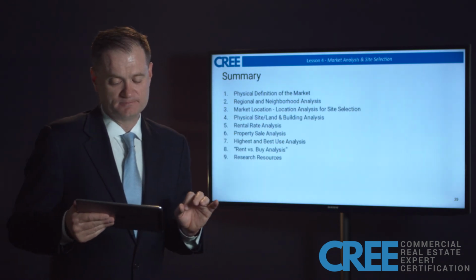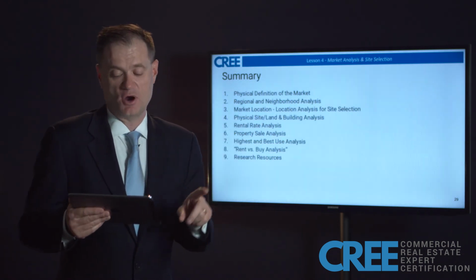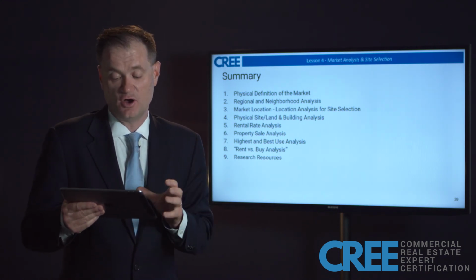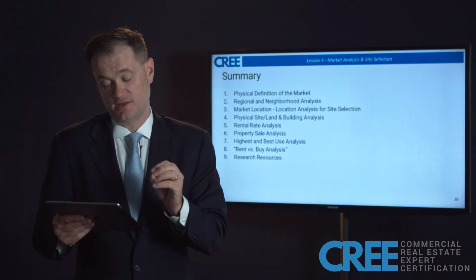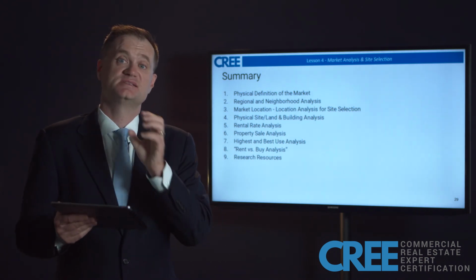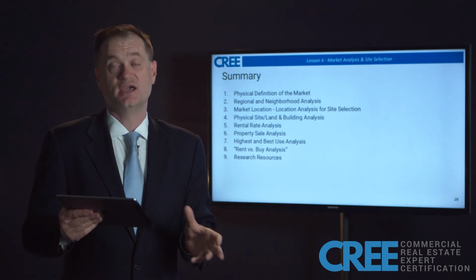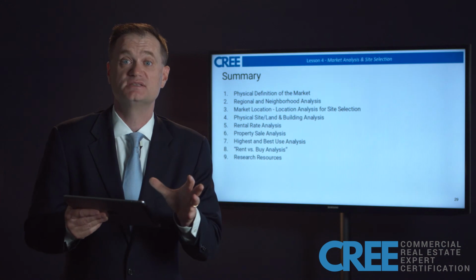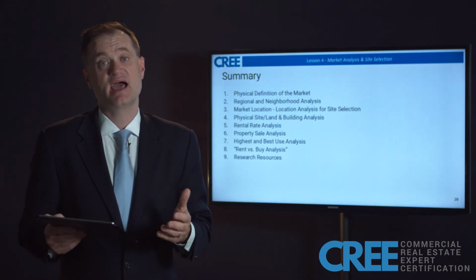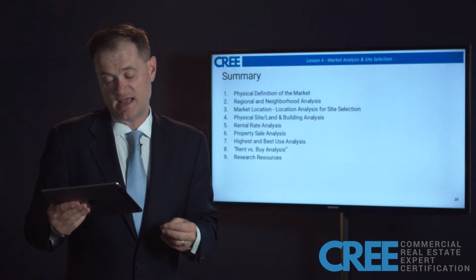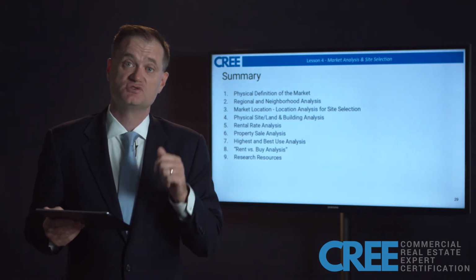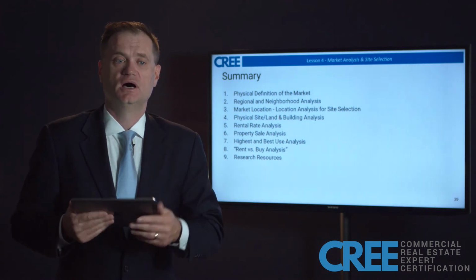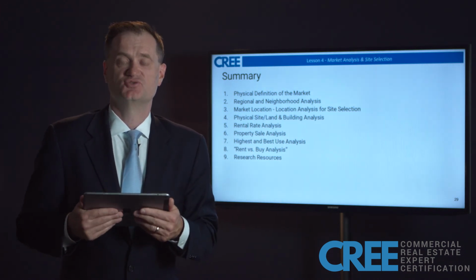So in summary, we've talked about the physical definition of the market. We've talked about doing regional neighborhood analysis, bringing that all the way down to the market, the sub-market that you're dealing with, location analysis, the site selection, looking at all the physical issues in and around the physical site, the building, the units, and then doing rental rate analysis, property sale analysis, highest and best use, those 4 tests that you're going to do for a brand new property or an old property that maybe needs to be transitioned.